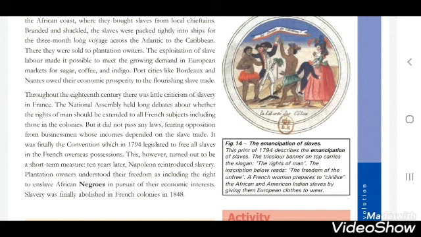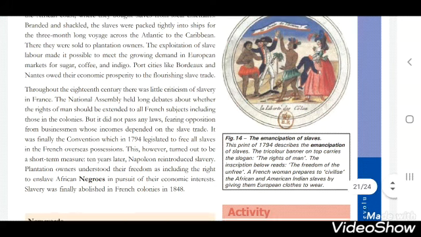Finally, the Convention passed a law in 1794 to free all the slaves in the French colonies. But this abolition of slavery was a short-term measure, for about 10 years.